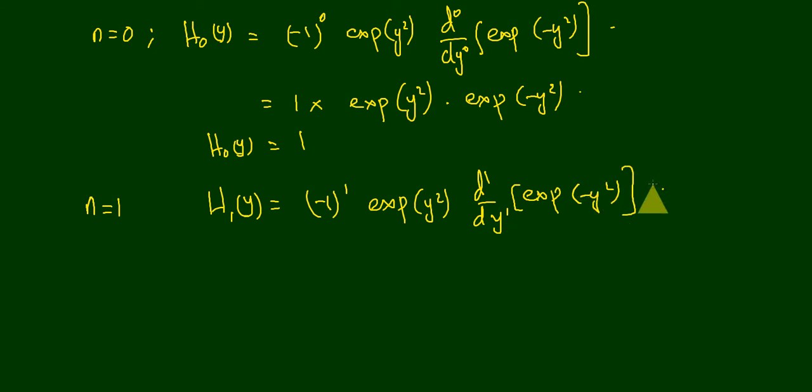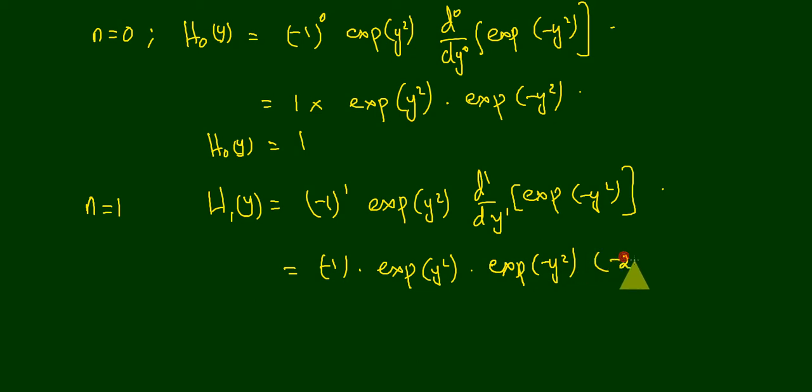That is minus 1 into exponential y square into exponential minus y square into the derivative of minus y square, that is minus 2y.